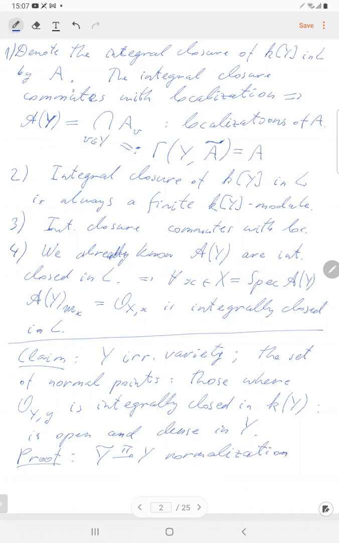It's the normalization. So in the field of rational functions on Y, we do not extend this field, and we know that it is generically an isomorphism, just by rational isomorphism. Okay.